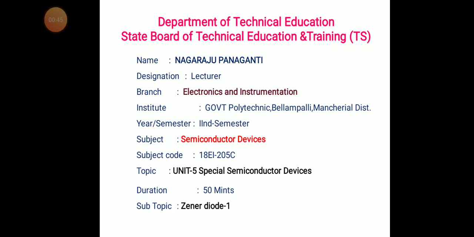Zener diode is a special purpose diode. This is just like the PN junction diode. The Zener diode has two terminals, just like the PN junction diode, that is anode and cathode, and it also has two materials, that is p-type material and n-type material.